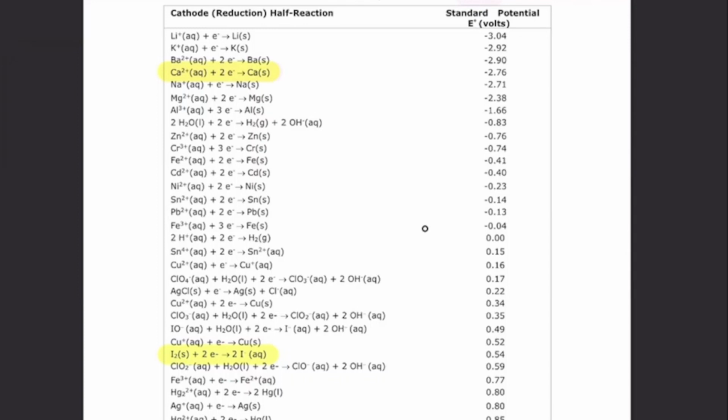First thing first, you go to this table and get their values. The value here is -2.87 and this one is 0.59. So 0.59 is more positive than -2.87. Therefore, iodine is easier to accept electron, meaning that iodine will be at the cathode and calcium will be at the anode. So that's the basis of it.